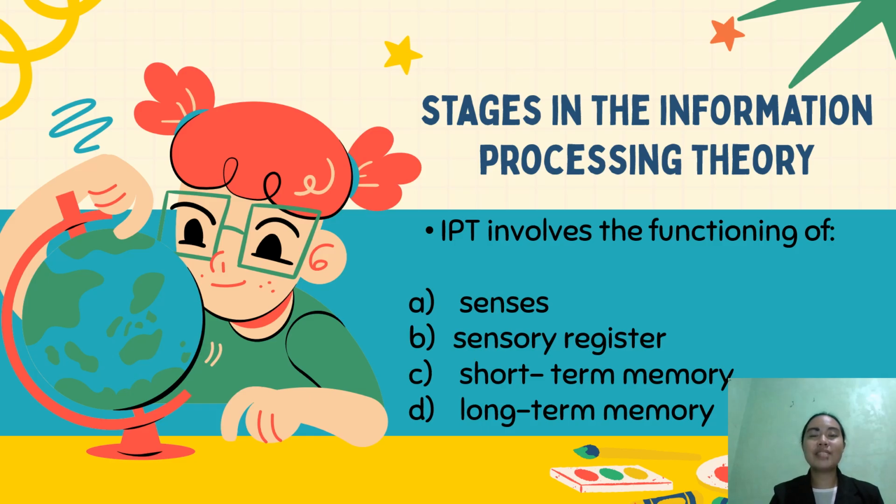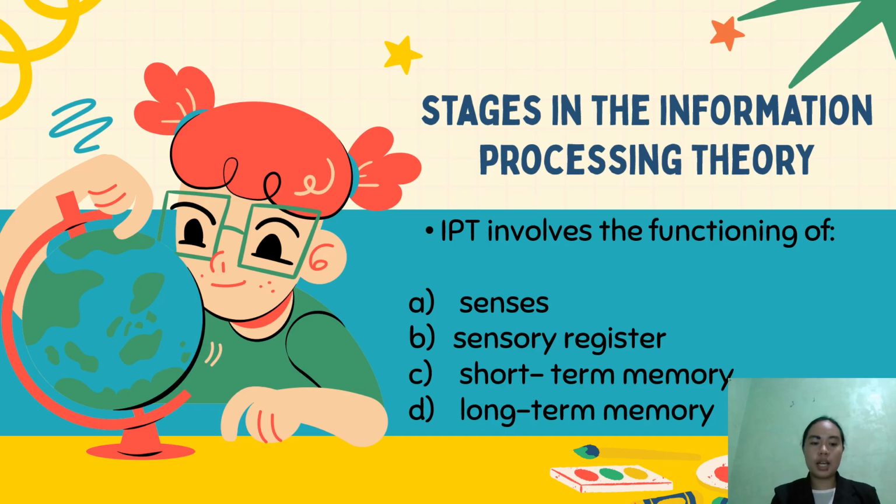Our five senses, sight, hearing, touch, taste, and smell, receive information from the environment. The senses act as the input system, bringing raw data like sounds, images, or words into our brain. For example, you see a picture, hear the teacher's voice, or feel the texture of an object.